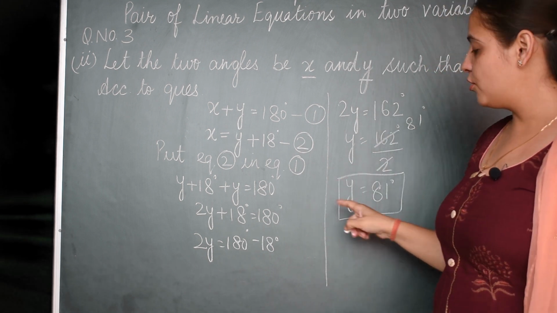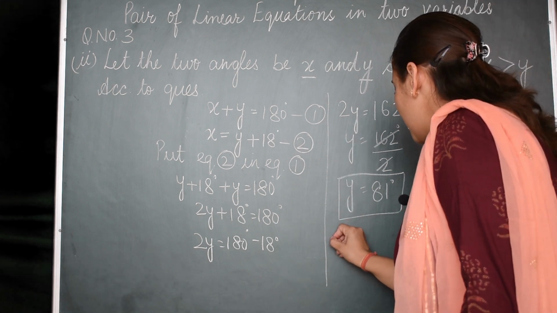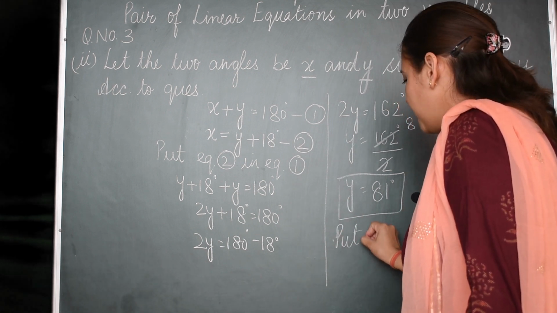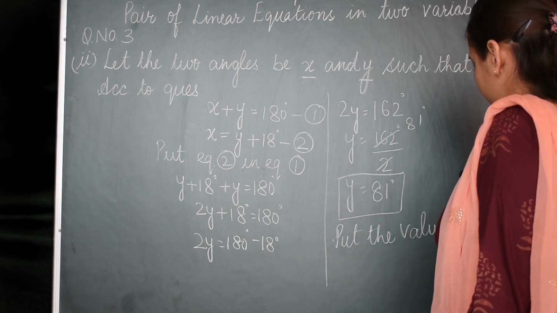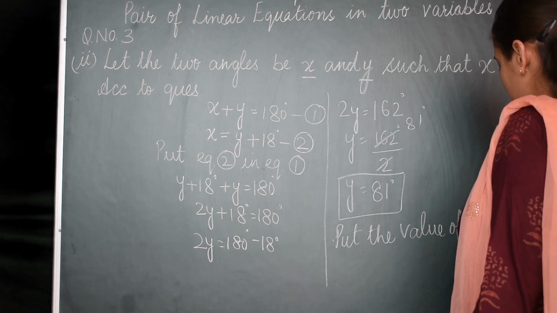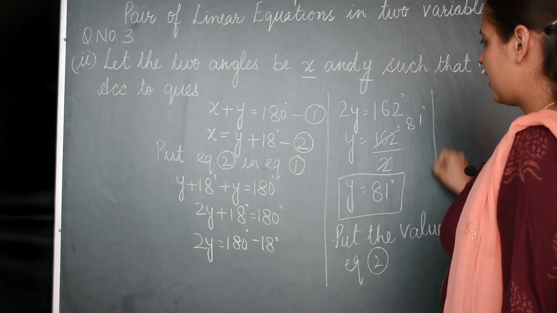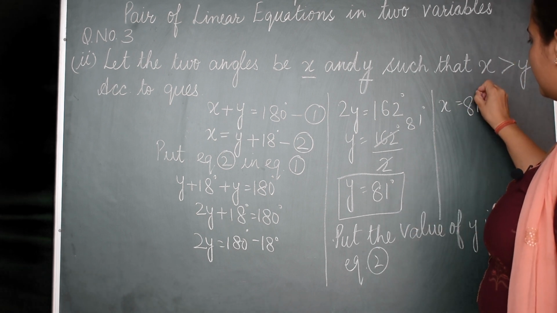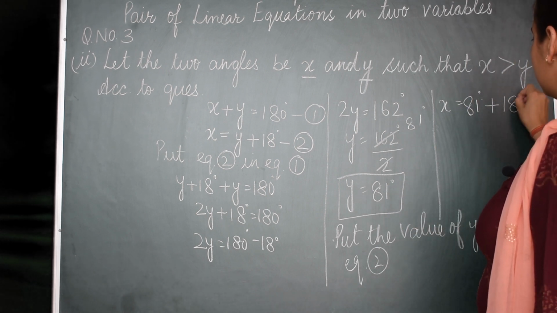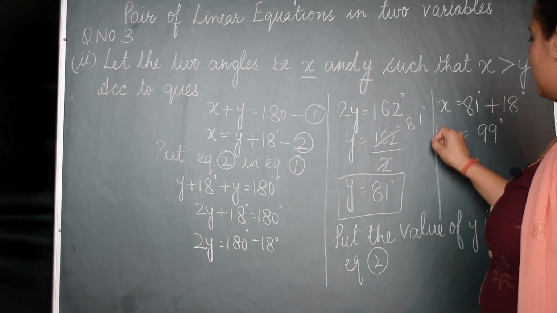Now we will substitute the value of y in equation 2. So x is equal to y, which we have got as 81 degree, plus 18 degree. So what I will get? x is equal to 99 degree.